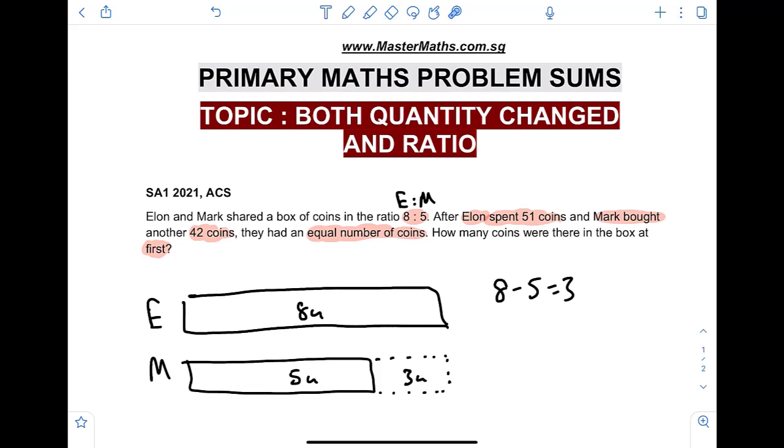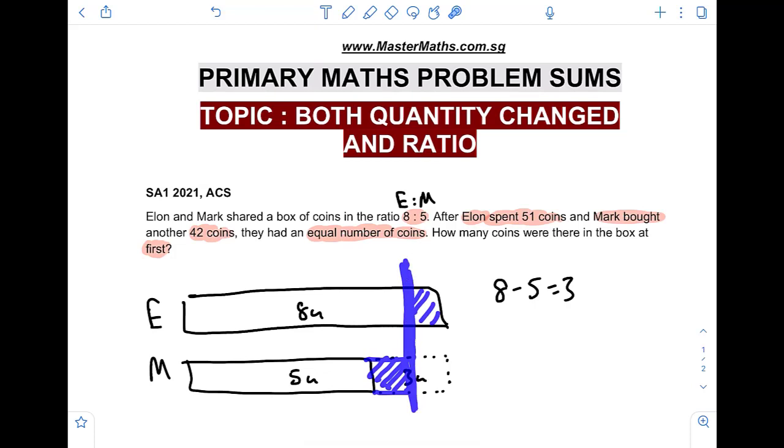So what's happening is Elon went to spend 51 coins. Mark bought. So Mark's number of coins must increase by a little bit, let's say like this, and Elon has to decrease by a little bit as well, so that at the end they have the same.